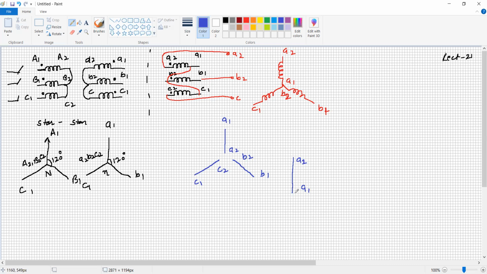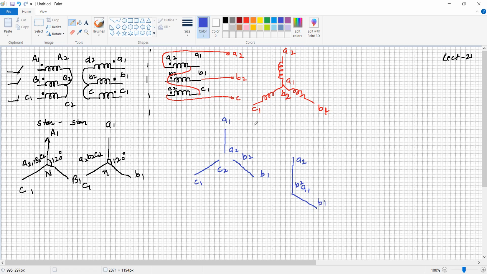B2 is connected to A1, so B2 is connected here, and this is the B1 terminal.